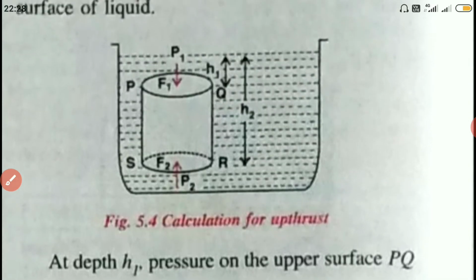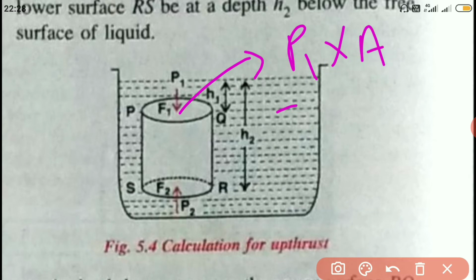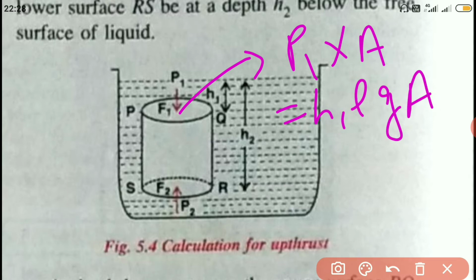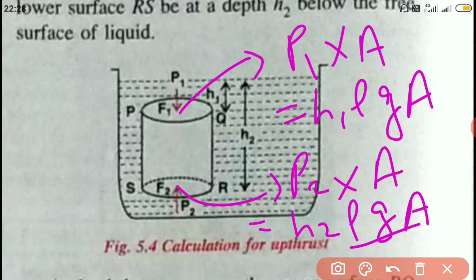So ultimately, the value of F1 is P1 multiplied by area, which is h1 rho g A, and F2's value is P2 multiplied by the area, which is h2 rho g A. This rho g A and rho g A are the same. Okay, I hope you understood. This is the same thing which we were doing in the reason for upthrust.